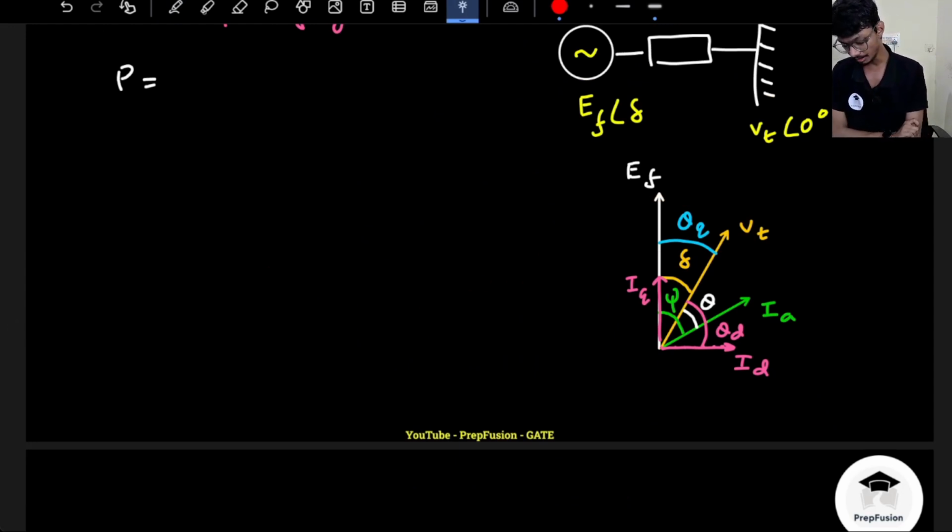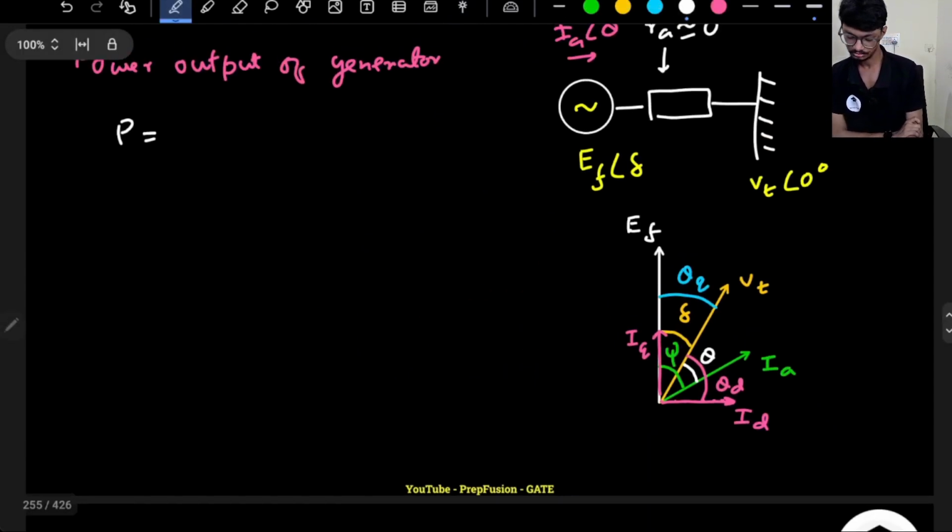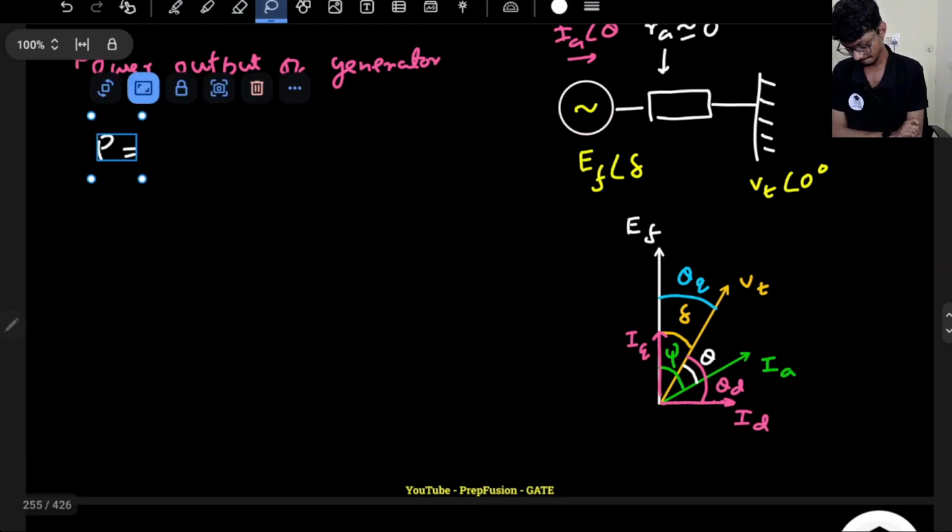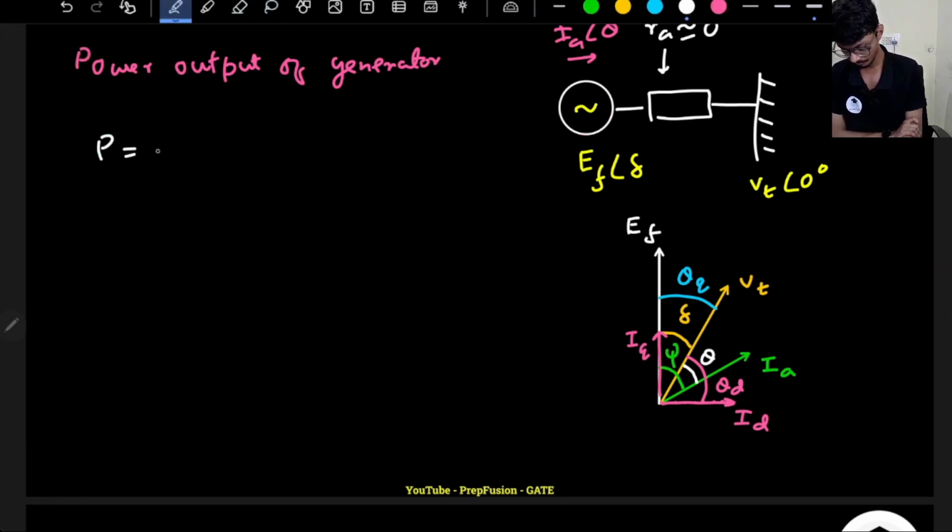So power will be the addition of two powers, PQ plus PD.